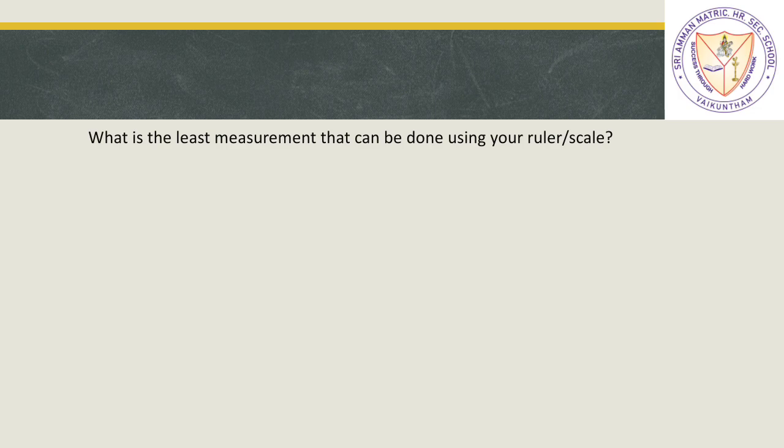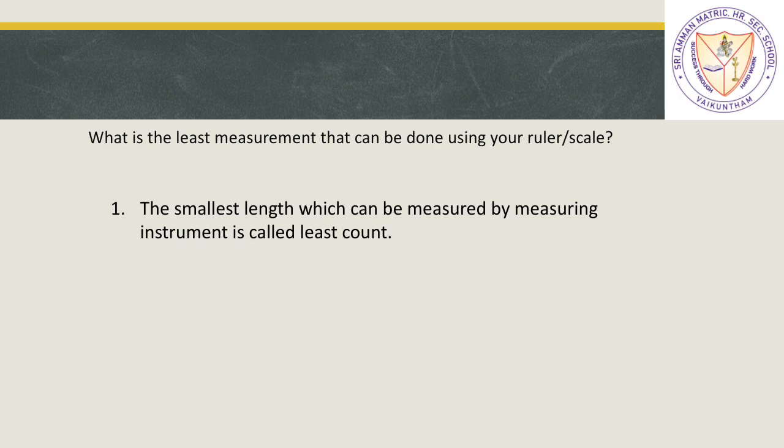That means it can measure up to some quantity, and below that you cannot measure using that instrument. That is called the least count. The smallest length which can be measured by the measuring instrument is called least count.